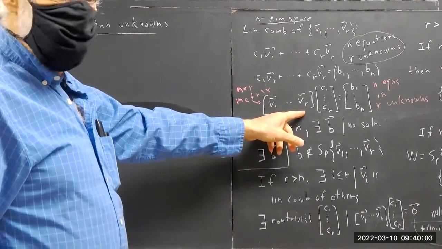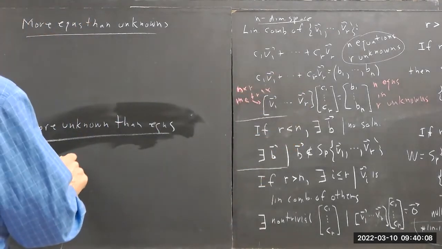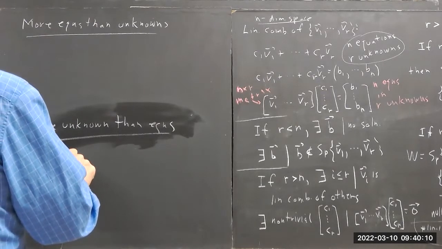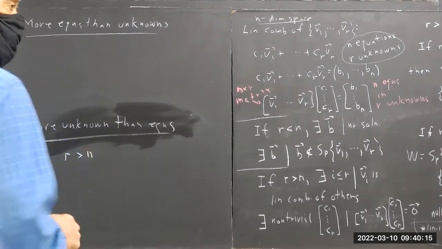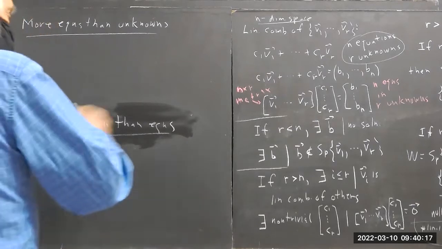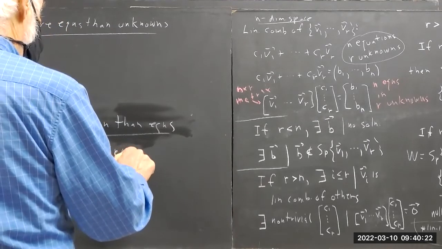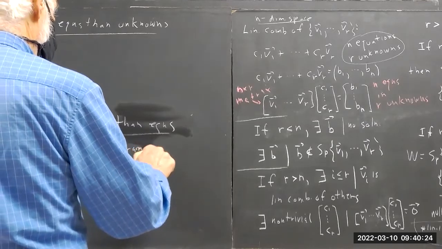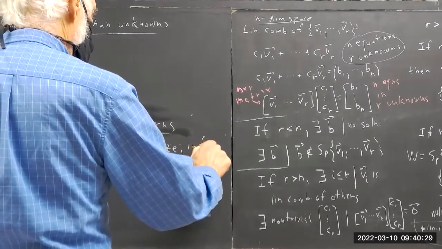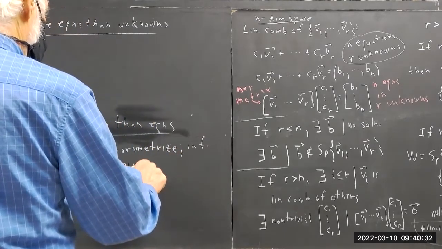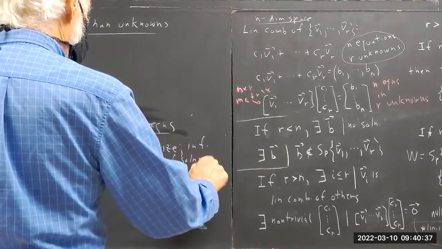You have R unknowns and you have N equations. So in this case, R is greater than N. And the immediate response that I got very quickly was parameterize. You have an infinite number of solutions, right?